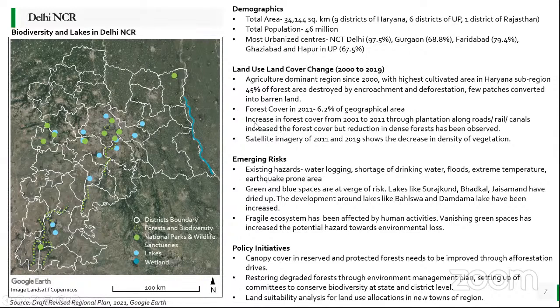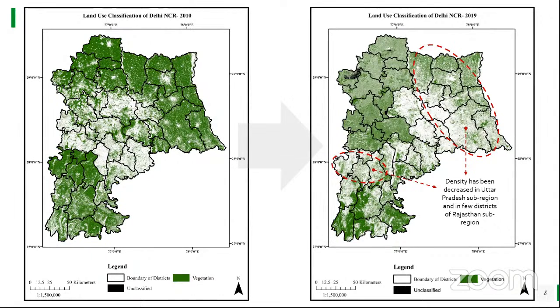The increase in forest cover was not because forest patches were planted, but due to plantation along roads, canals, and highways. That was the reason for the increase in forest cover and tree cover. Then I have done the satellite imagery classification of forest and green vegetation.